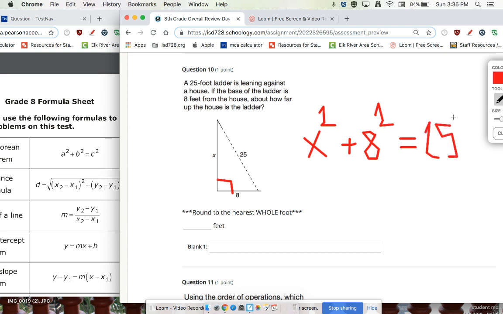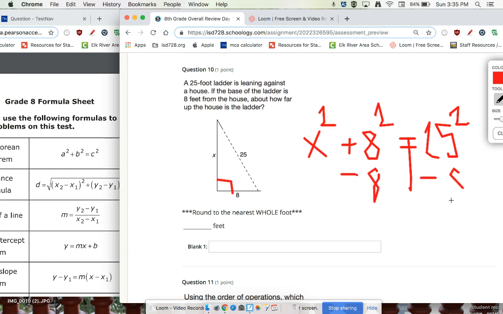Again, I showed you kind of my lazy strategy for doing this. I know I have to take away 8 squared. You could actually calculate these squared dimensions out, but your calculator will do that for you. So I'm just going to minus 8 squared from both sides.